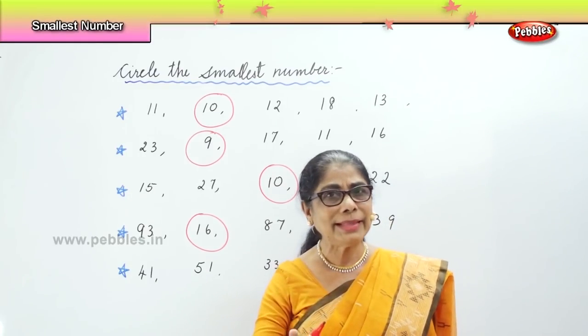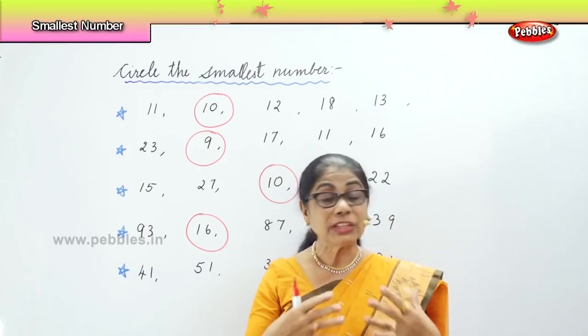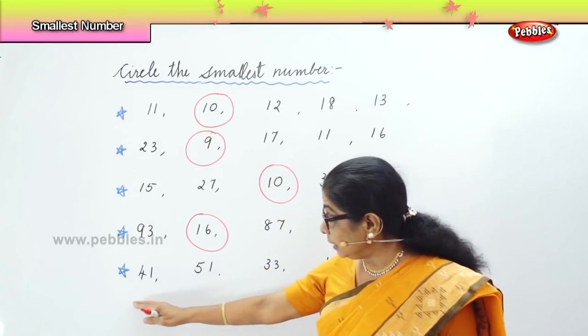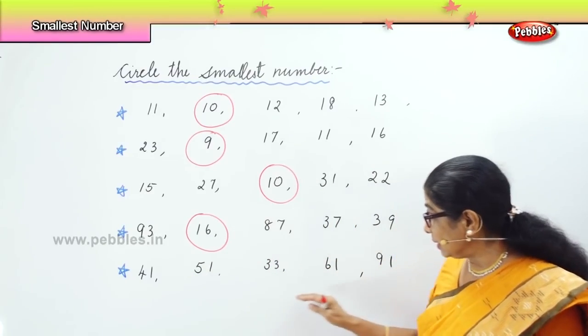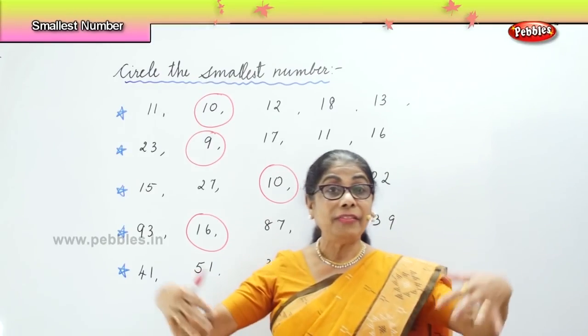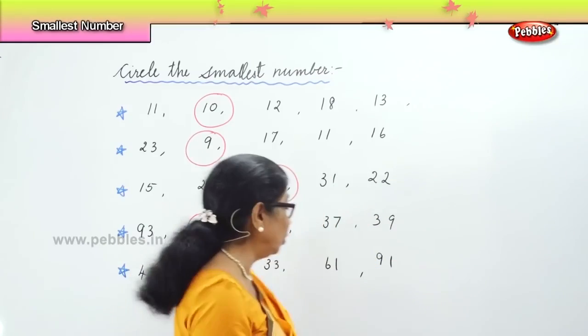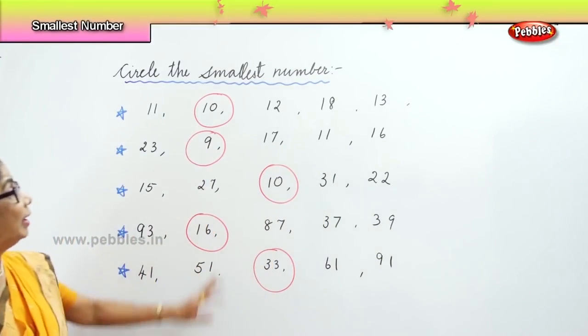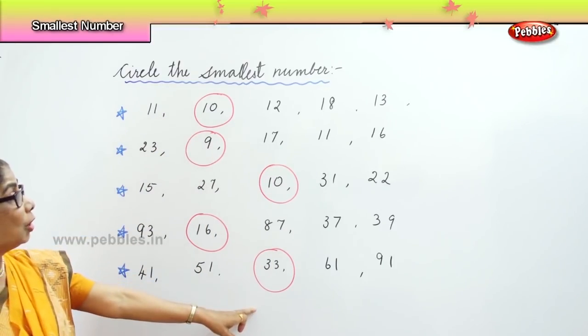So which is the smallest then? The 30s will be the smallest because 33 is the smallest, then 40s, 50s, 60s and 90s, they are all bigger than 33. So that's how you identify the smallest number.